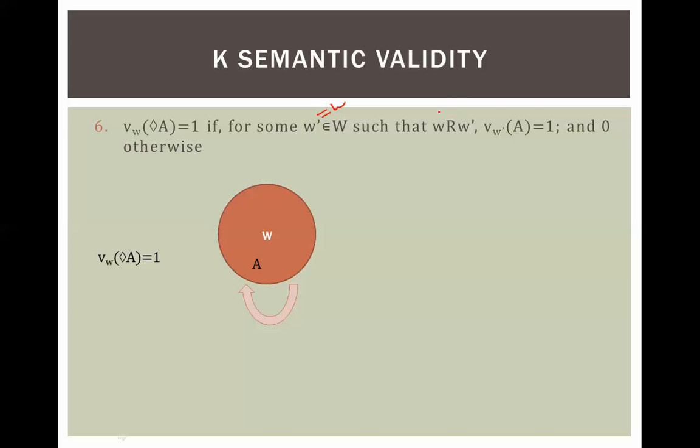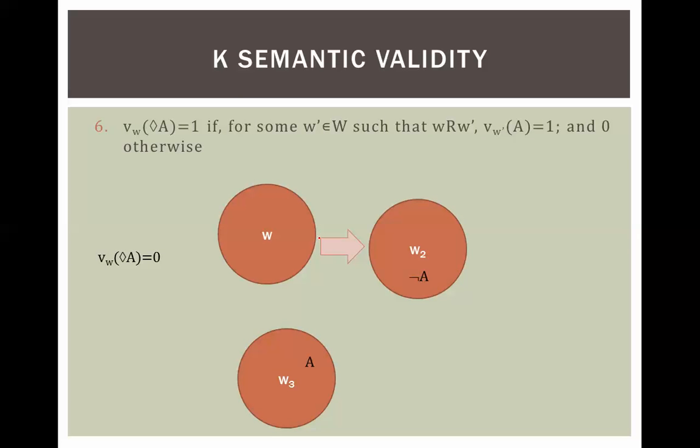W R W would be the way we would see it. W is related to W, and in W, the truth value of A is 1. So the truth value in W of possibly A is 1, even if W is the only possible world that it's related to.